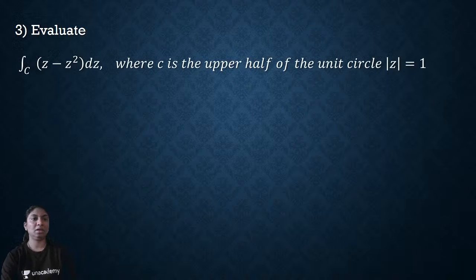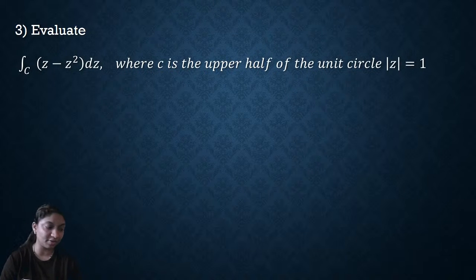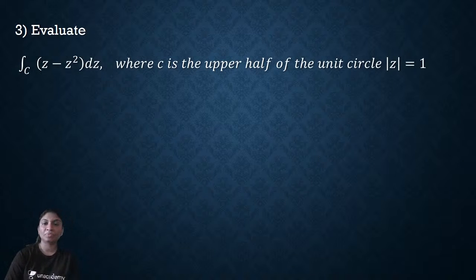Now see the next one. We are evaluating the integral over C of z minus z square dz, where C is the upper half of the unit circle, |z| = 1. This is very important. See, your function is directly written in the form of z minus z square. It is not in the f of z upon z minus a form. So here at this time we will use a different approach.